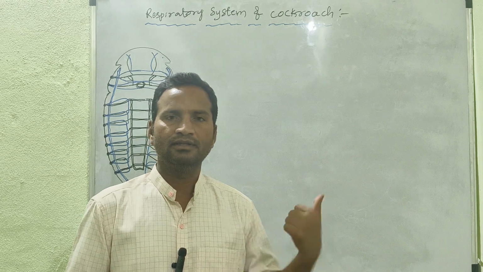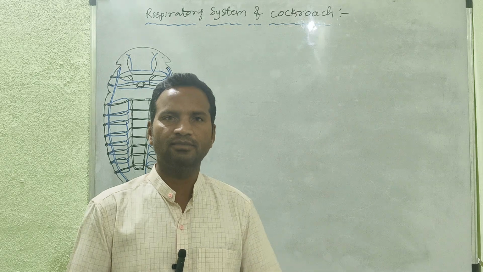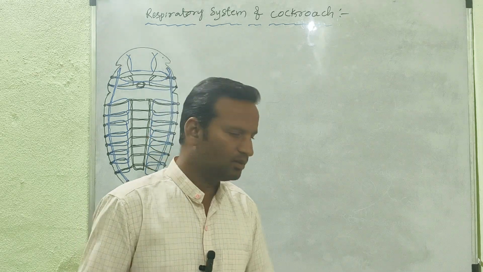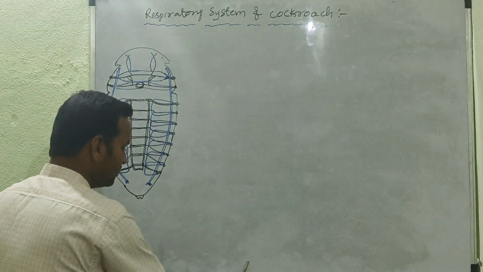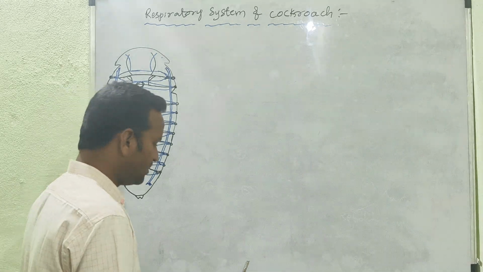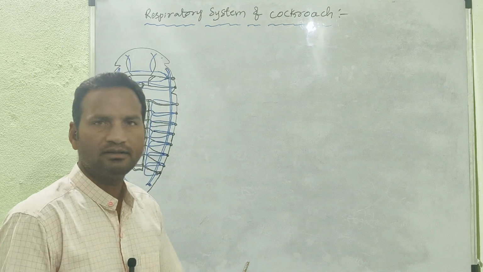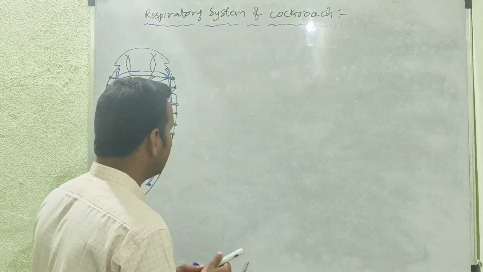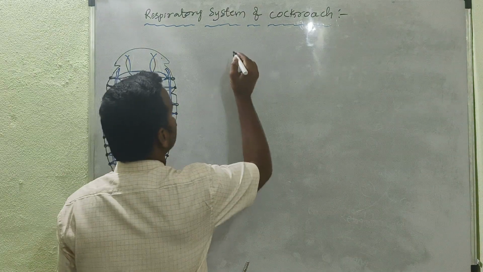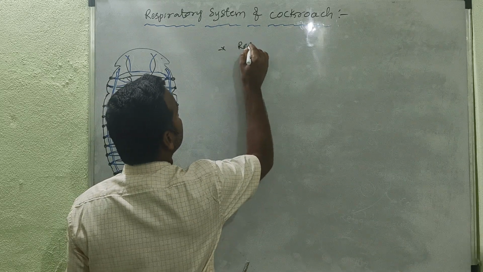Now let us discuss the importance of the respiratory system. Just now, what I told here, the respiratory system of cockroach is different from other organisms. Why? Because first of all, there is no respiratory pigment.